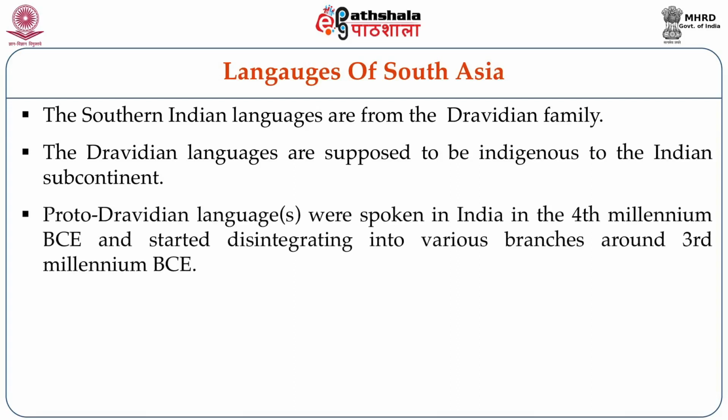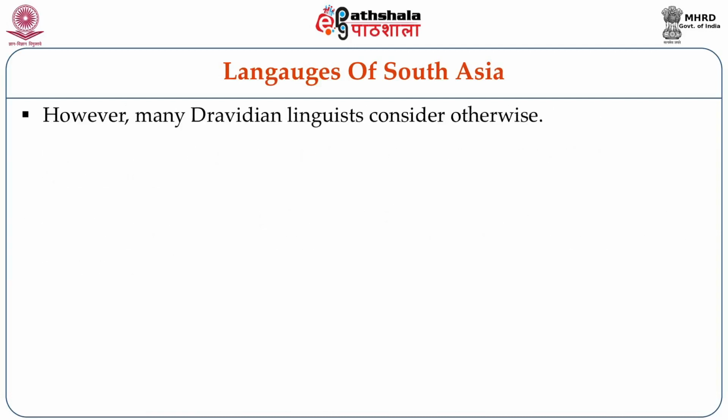Proto-Dravidian language was spoken in India in the 4th millennium BCE and started disintegrating into various branches around 3rd millennium BCE. However, many Dravidian linguists consider otherwise.